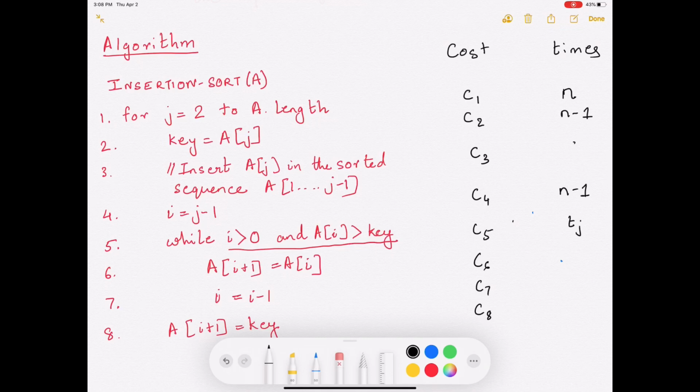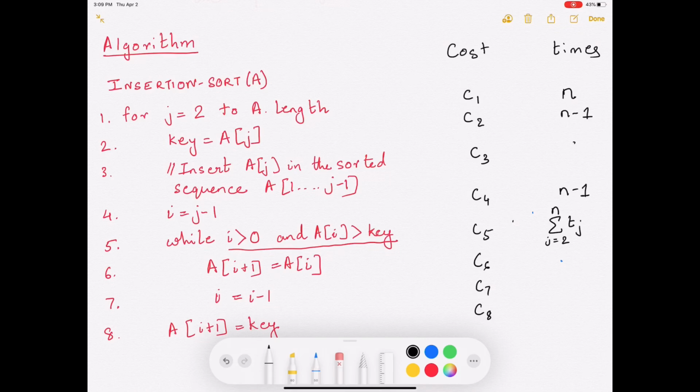So for some j, line 5 executes tj number of times. Now, how many different values of j are there? J is going from 2 to n. So that's the total number of times line 5 is going to execute.